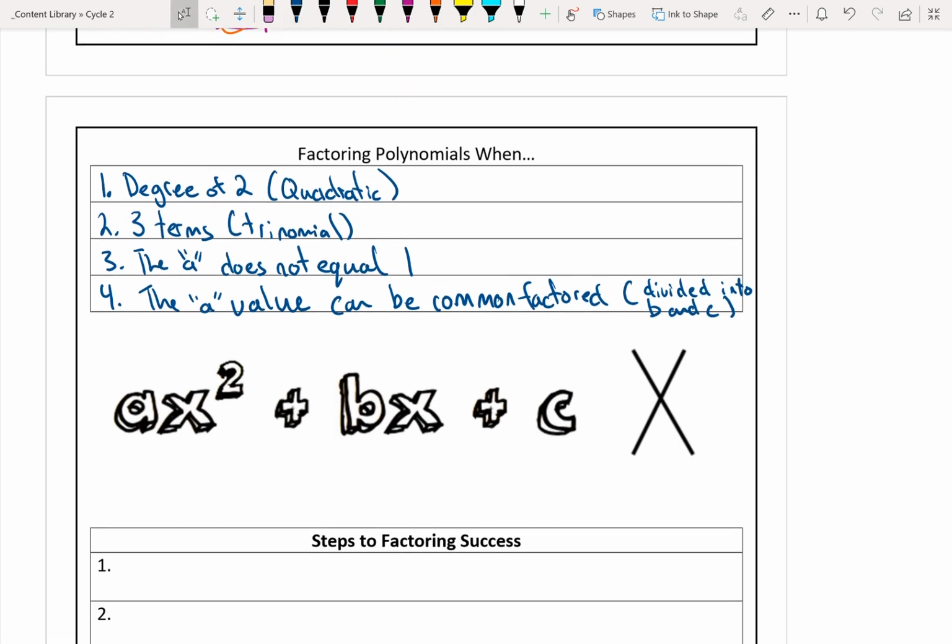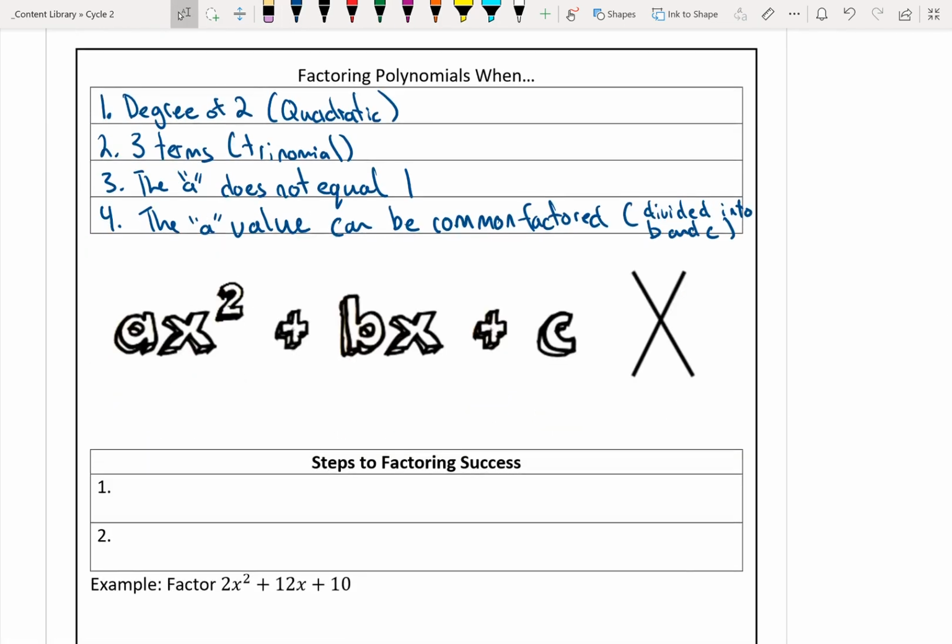So there are only 2 steps to this, but that's because we're kind of referring back to some other steps. So the key thing here is I have an a value now, and this a value is not equal to 1. That's why it's showing up. So that means in my first step, there's going to be something different.